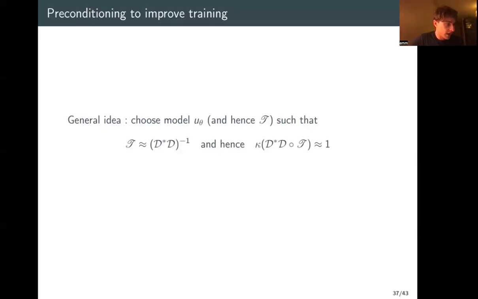It also, maybe more importantly, tells us that if you want to use PINNs, you should probably choose your architecture based on the problem at hand. And this is maybe why we see one particular neural network in one setting solving one type of equation, and another in another type of equation.